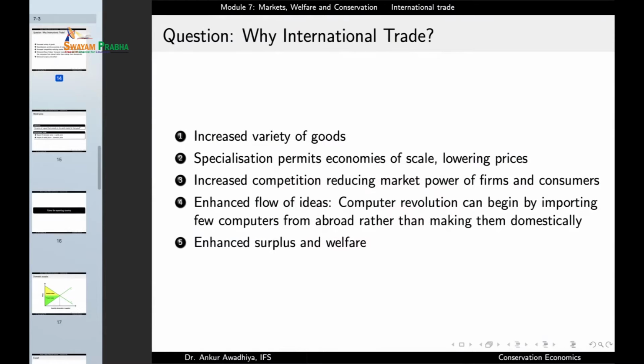Secondly, specialization permits economies of scale, which lowers prices. What this means is that if a country specializes in making something, say clothes, the country would get into the profession of making newer technologies available.